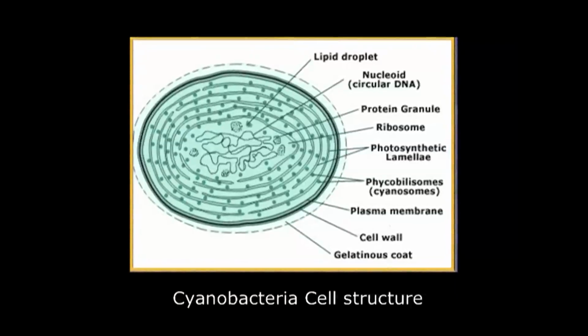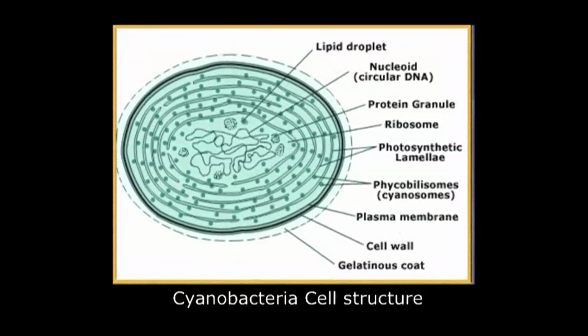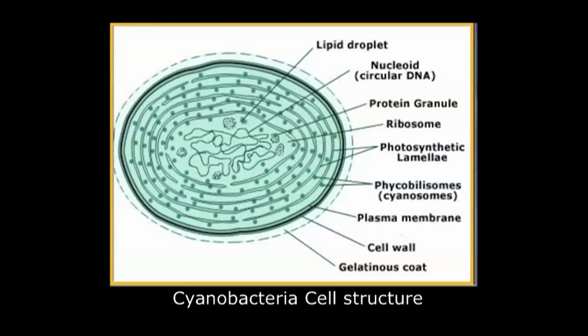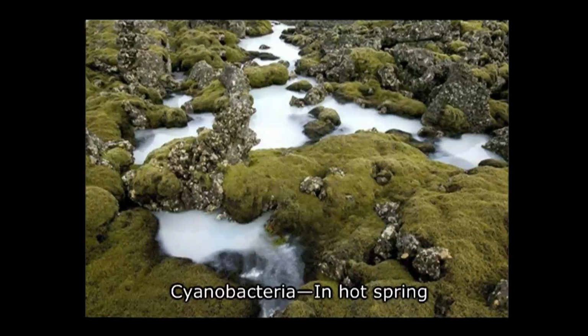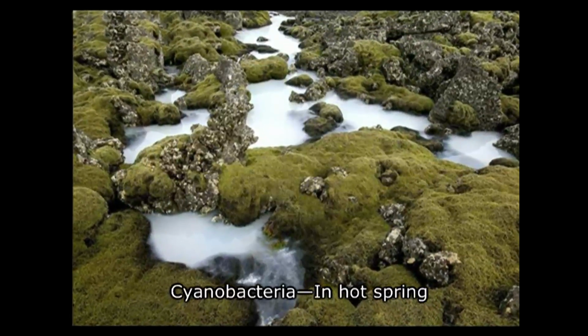So let's talk about the photosynthetic cyanobacteria. This is the general structure of cyanobacteria. Cyanobacteria are photosynthetic. They may be unicellular like Gloeocapsa or multicellular like Nostoc. They may be found in hot springs or everywhere. They can be red, green or yellow in color, with various different colors.